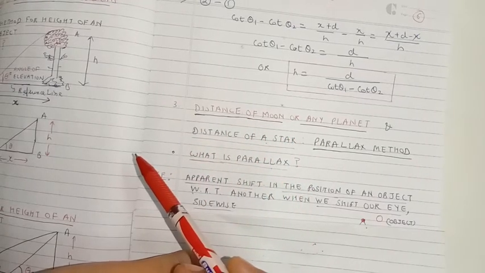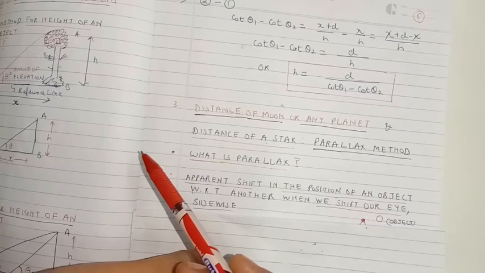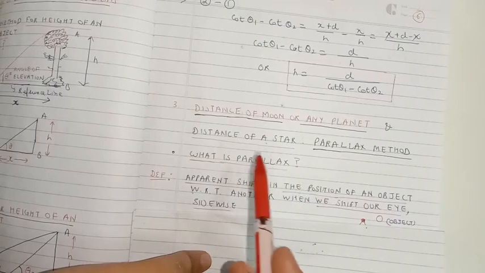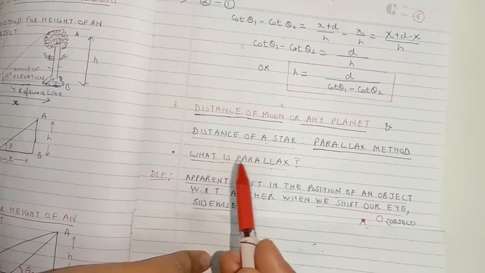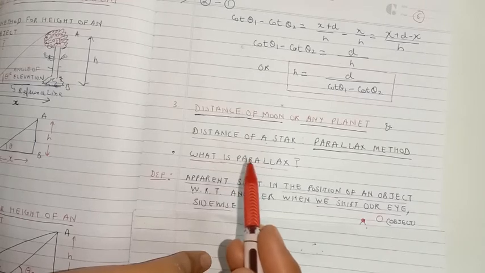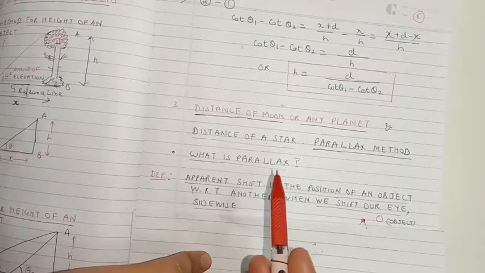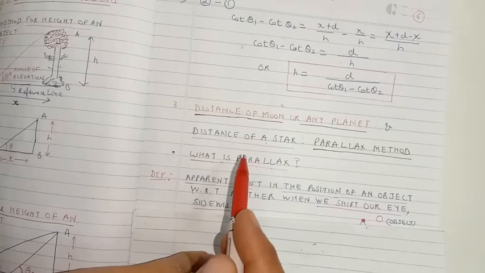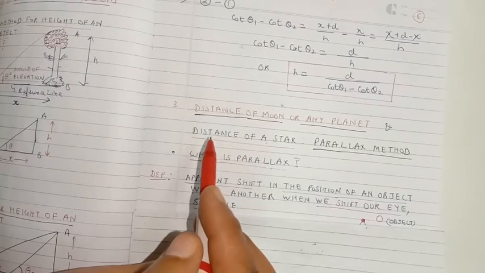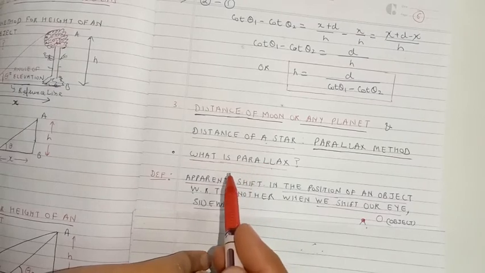For this, we again move toward nature, as we observe a single object with our two eyes. One eye can be considered as one camera present on the left side and the other on the right side. So the position of one object is being recorded by two cameras, one on the left side and another on the right side.